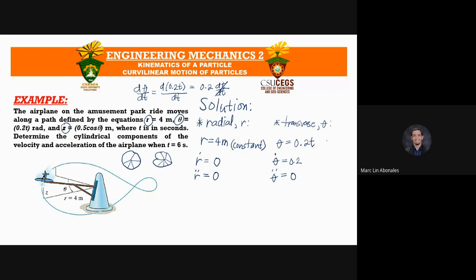So here, at time equal to 6 seconds, theta is equal to 0.2 times 6. So that would be 1.2. Okay, 0.2 times 6 is 1.2.